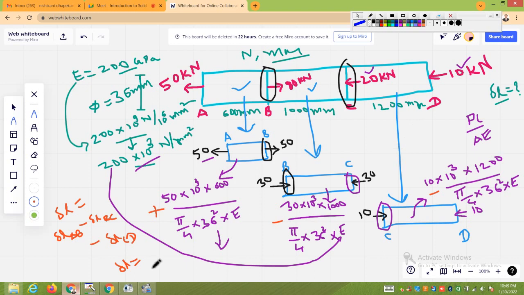You will get minus 0.118 millimeters. I have solved this numerical, please verify this solution.